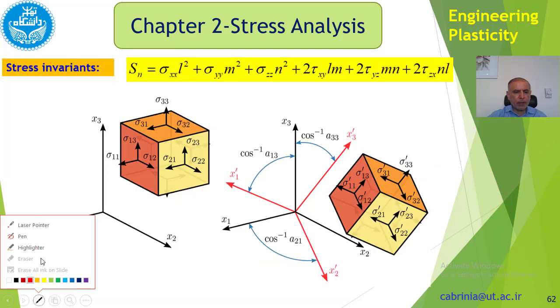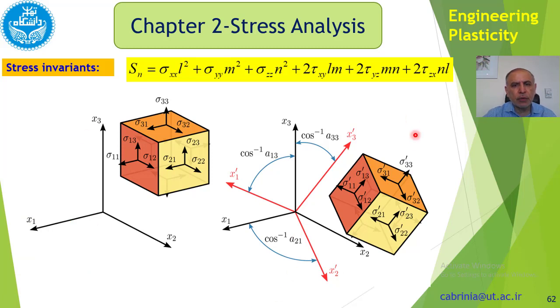Here I have tried to show you how this transformation occurs. Using this transformation, we are changing from this set of axes to another set of axes. So our state of stress, which was originally like that, will be like this, because it is using these axes.